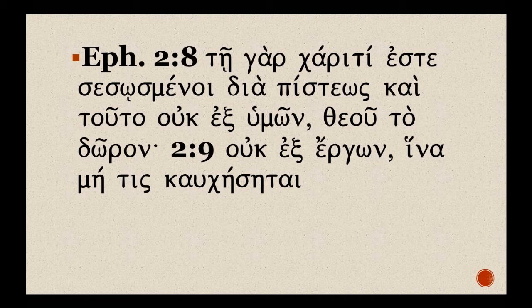Second person plural, right? Esete. So there's no real need for this unless the author, in this case Paul, wants to emphasize the state of existence. This is a stative verb. It's from eimi. So you have all the different forms of eimi. The focus of that is a stative verb, right?